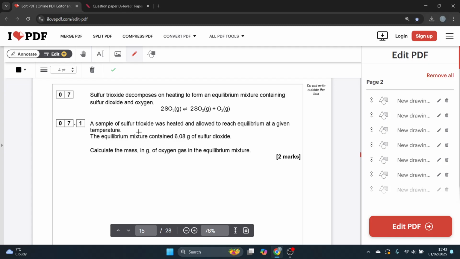Question 7, calculate the mass of oxygen gas in the equilibrium mixture. I know sulfur trioxide decomposes on heating to an equilibrium mixture containing sulfur dioxide and oxygen. And I know the equilibrium mixture contains this much sulfur dioxide.